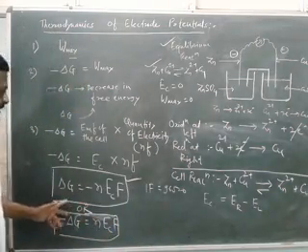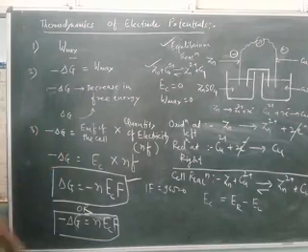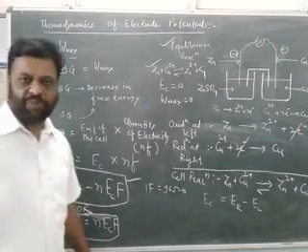This equation represents the relation between free energy and EMF of the complete cell. All of it. So these are in all 3 points. And next point is 4th point.